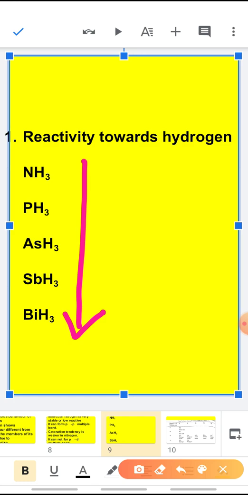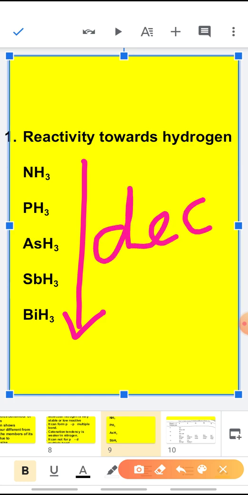So the basic character of the hydrides decreases. Why? Because in nitrogen the size of the atom is very small, there is repulsion, so nitrogen will easily give its lone pair of electrons. Whereas in bismuth the size is very large, less repulsion is there, so it will not easily give its lone pair of electrons.